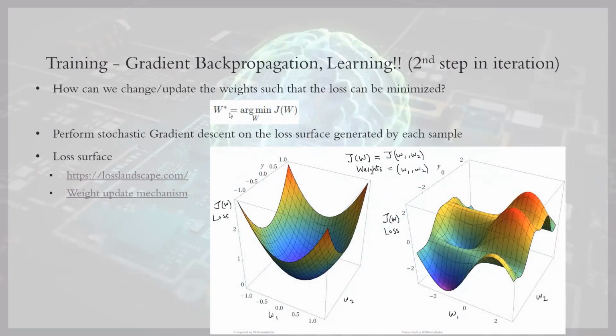So whatever I said just now is captured by this notation here. How can we update the weights such that the loss can be minimized? What this notation is saying is, W star is the optimal value of W, which is all these weights, given by argmin, that means the argument that minimizes this loss function.